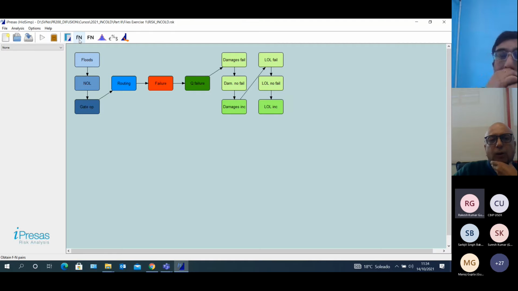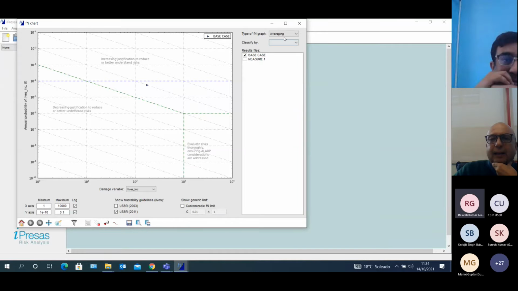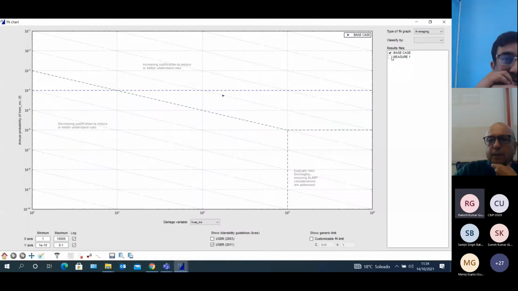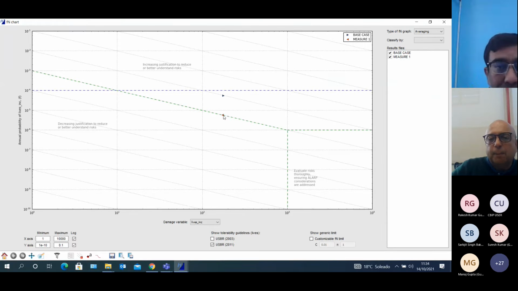If we now go to our FN chart and we click base case and measure 1, miraculously, it moved exactly over the line. That means that our probability of failure, as we can discharge, we have increased our discharge capacity. We have lowered the probability exactly to the point where it meets the tolerability guidelines.